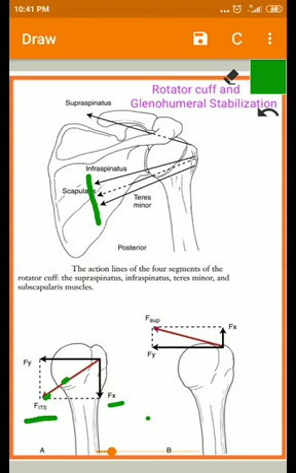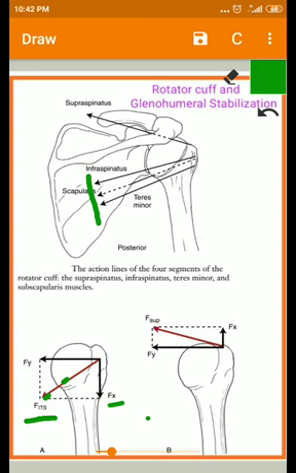Okay, so how are these forces working on this glenohumeral joint now? The perpendicular force component Fy, as the name itself indicates, causes some rotation. It is a rotatory component.